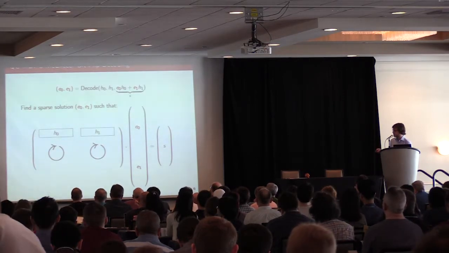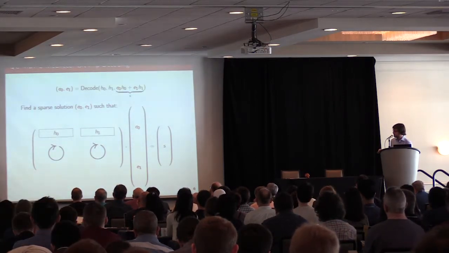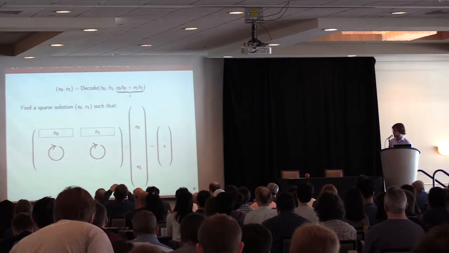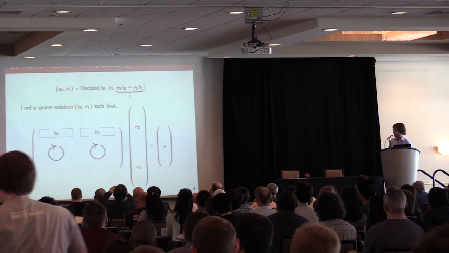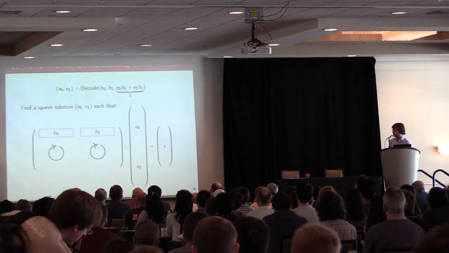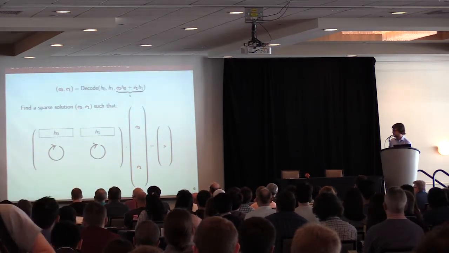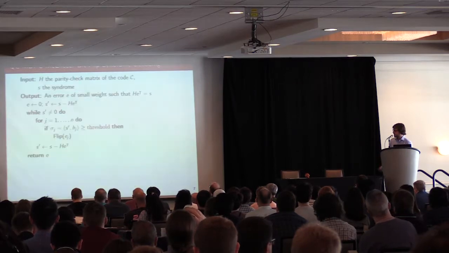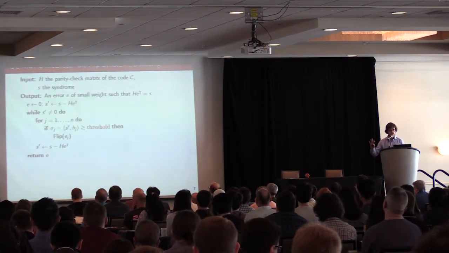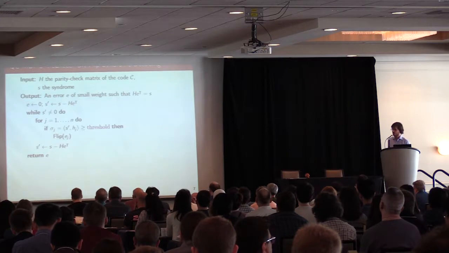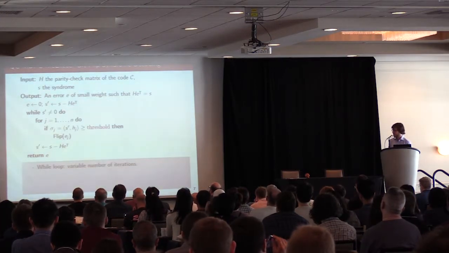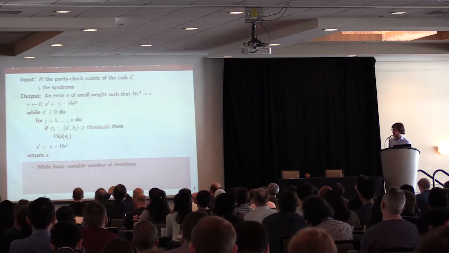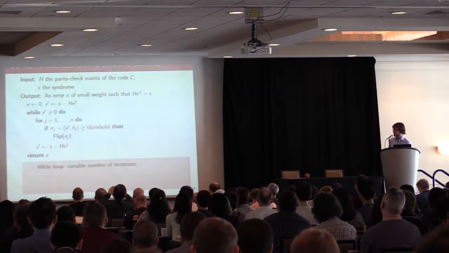You have access to h0, h1, which are the first rows of the circulant blocks of the matrix, and you have the syndrome, and you want to recover e0, e1, sparse enough. You've seen this algorithm because it was discussed by Marco, and all you need to know about it to understand what I'm going to say is, first, that it's an iterative algorithm.